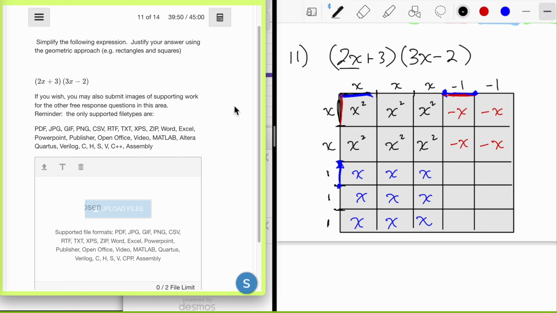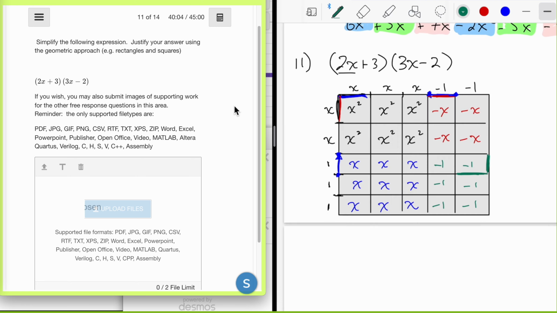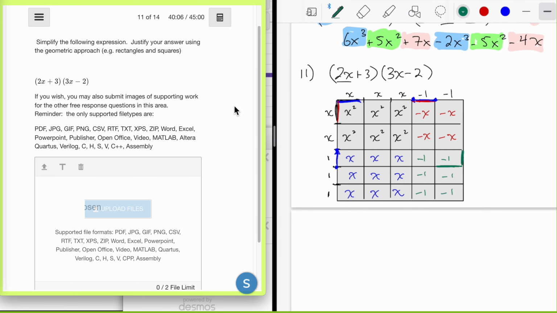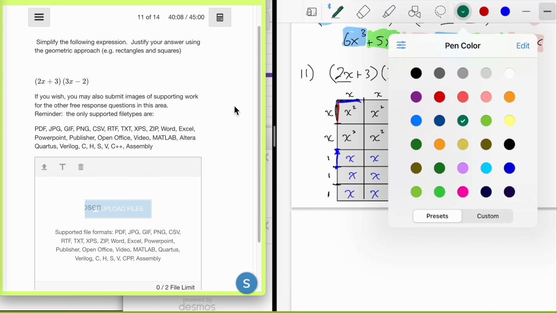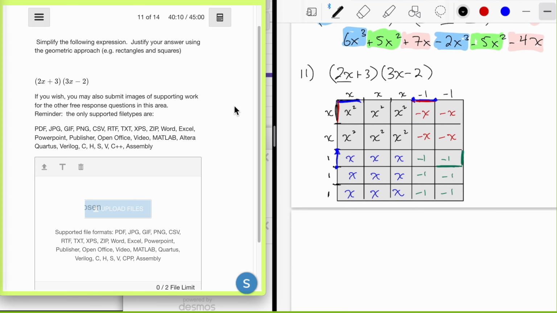And then over here, we have a 1 by a -1, so -1, -1, -1, -1, -1, -1. Add them all up and you have your area, and therefore the result of the distributive property here.